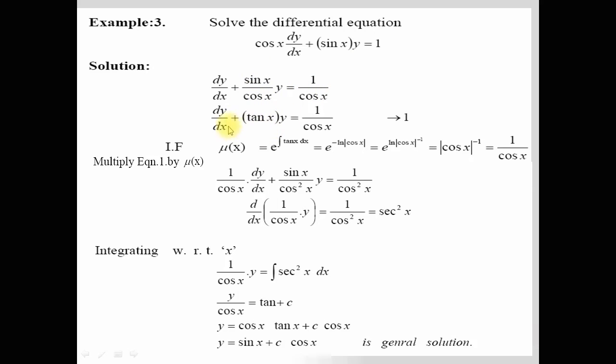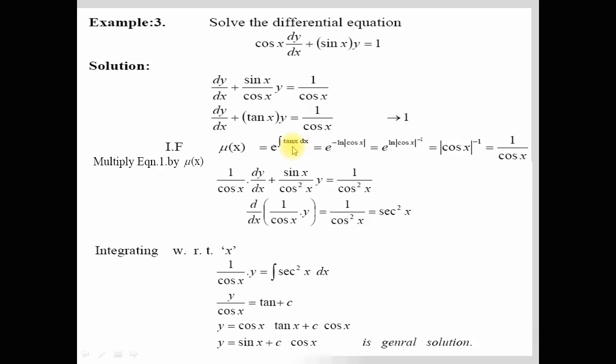So to compare this differential equation to the standard form of a linear differential equation, here you see that the p function is tangent x, and the q function is 1 over cos x. So first of all, find the integral factor. The integral factor means e power integration of the p function, and the p function is now tangent x.